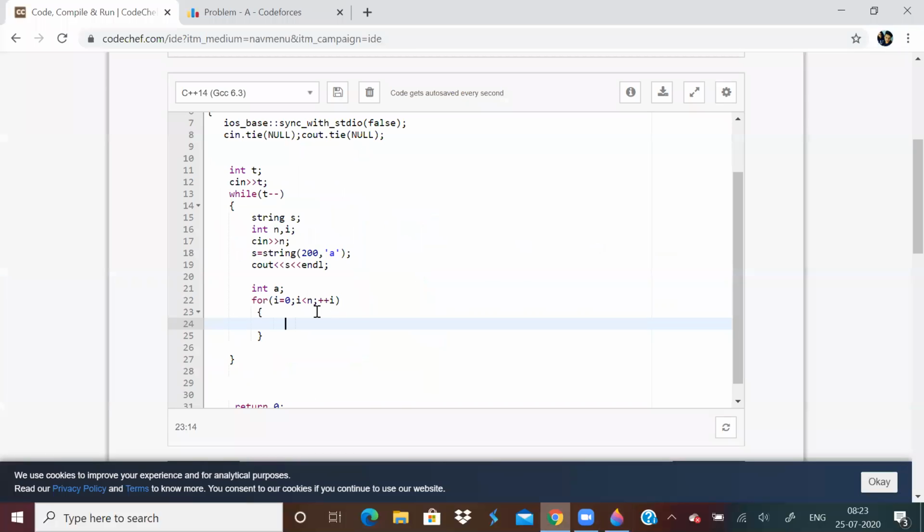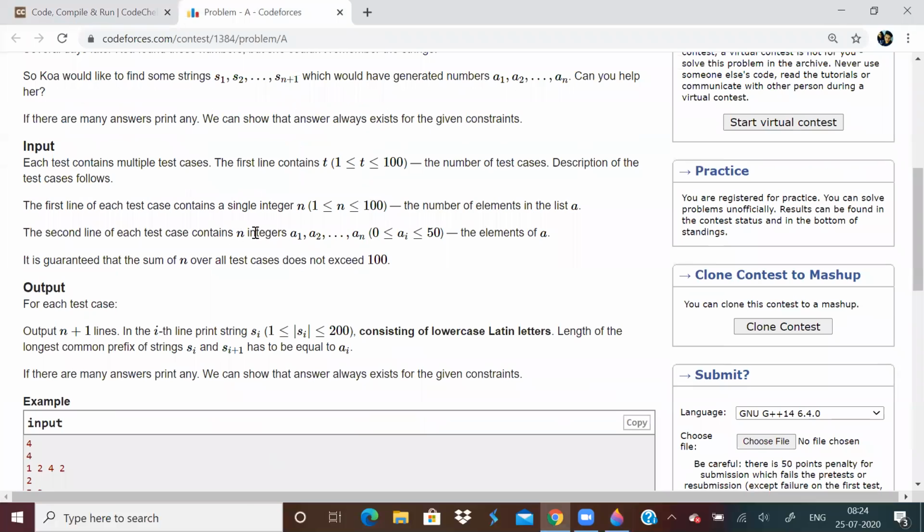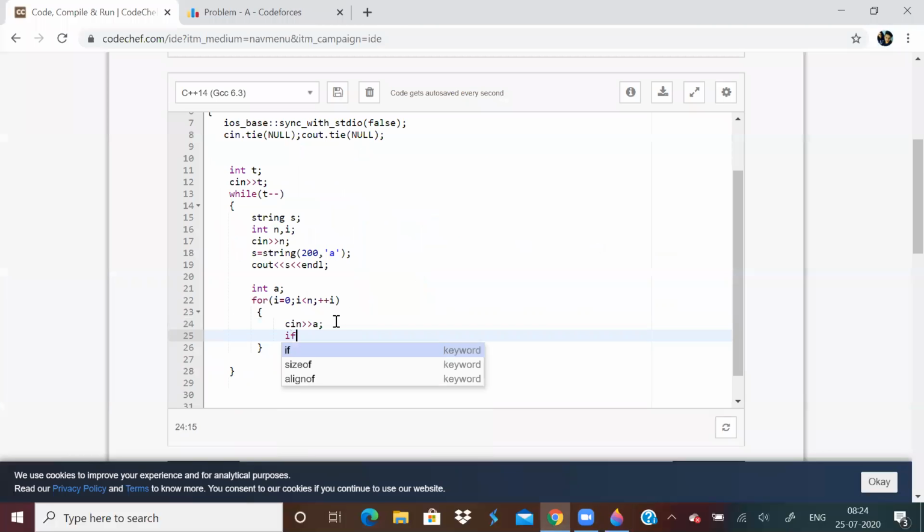Now, every time we first have to accept the input. This input is the array input. Every time I accept an integer, I just have to do this: if s of x is a, then I make s of x equal to b.